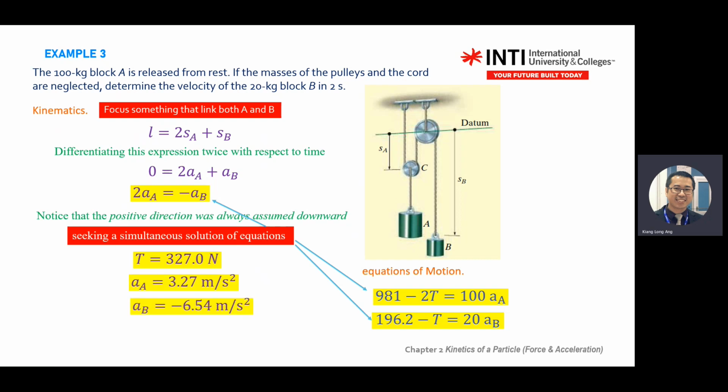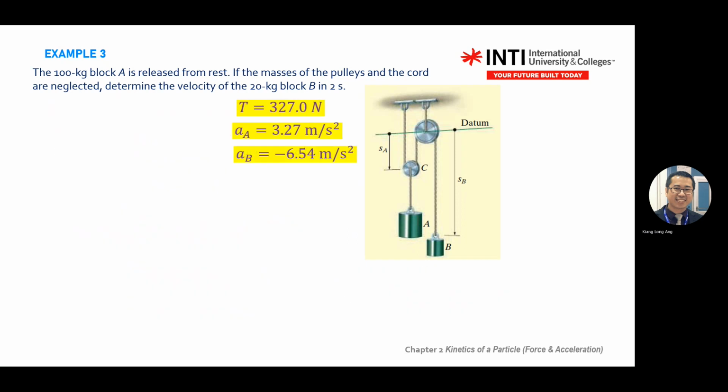T equals something, A equals something. Okay, then you will find the velocity of block B at 2 seconds. A and B are constant, so when they are constant, you can use back the free motion equation. It depends on what you need to find.